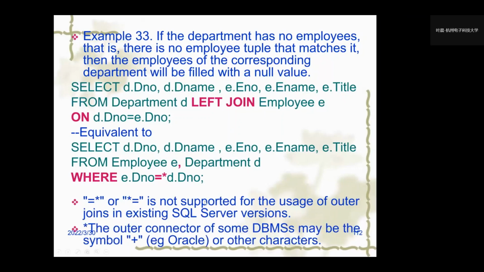And the outer join connector of several DBMS will be a simple plus. So maybe it's not the star, it's the plus, for example in Oracle or other systems. They use different symbols, but the meaning is the same.